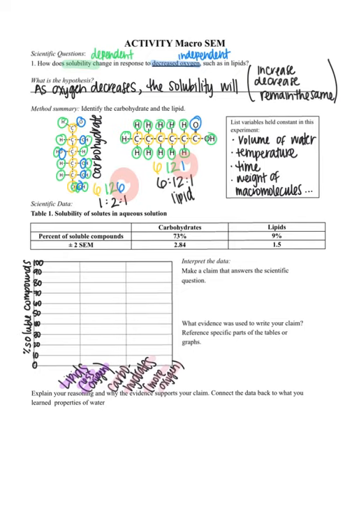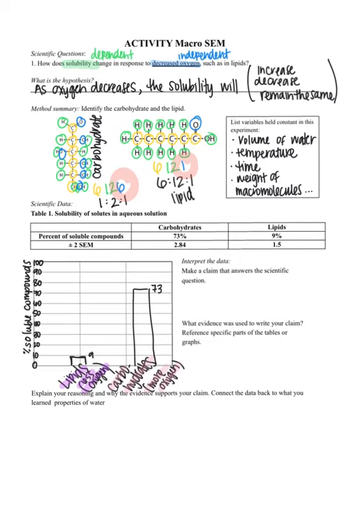My lipids, I have 9% soluble. So I'm going to draw my box up here at 9%. My carbohydrates, on the other hand, are 73% soluble compounds. So I will draw my box up here to around 73%.